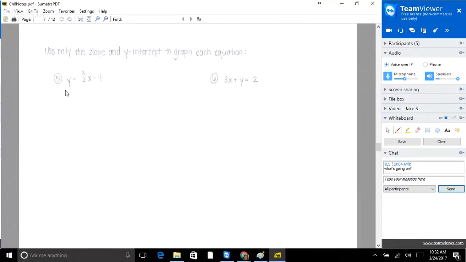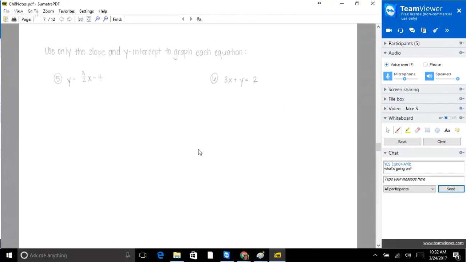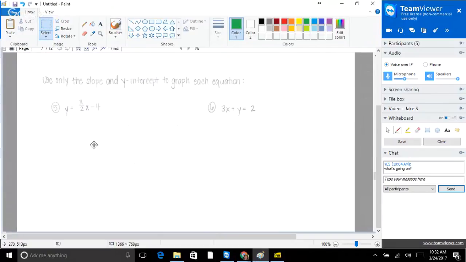So the first thing we have is y equals 3 divided by 2 x minus 4. So what is the slope of the equation of number 5? Yep.